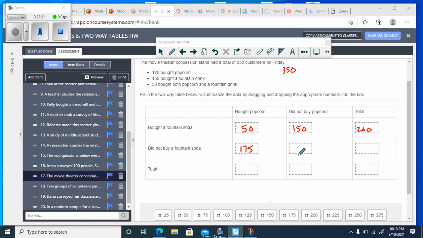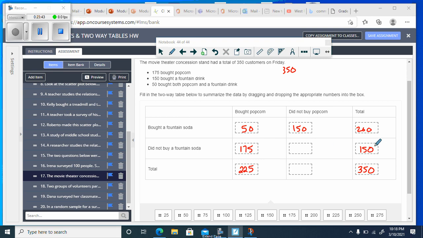Okay, so we've got to find this one, don't we? The total here, 50 plus 175, would be 225. We've got a total here of 350 who were there. If you subtract 200 from 350, you get 150 here.